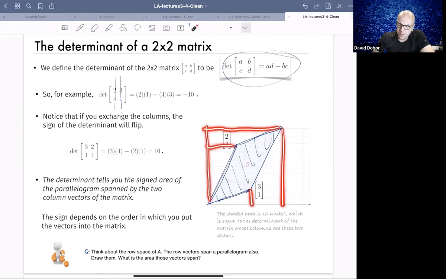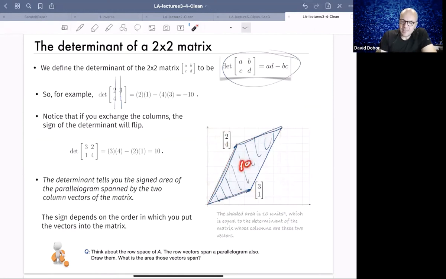Maybe draw a square at this tip, and then subtract the areas of these triangles and see what you get. When you compute the area of this parallelogram, you will see that it's exactly this number. So it's a good exercise to prove this. We're not going to do it here.